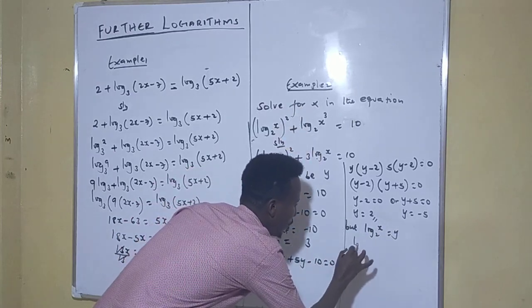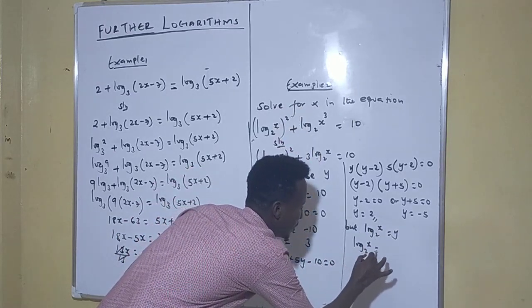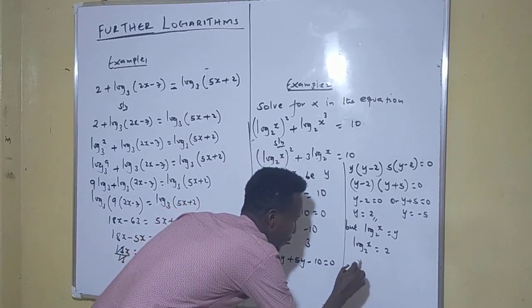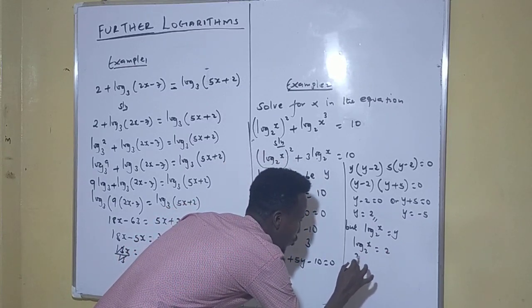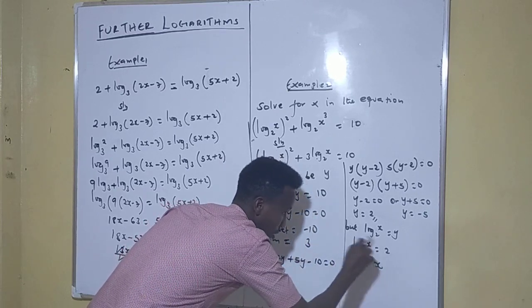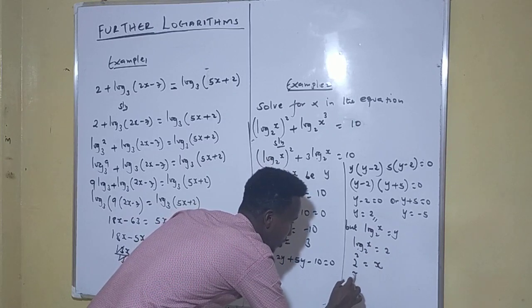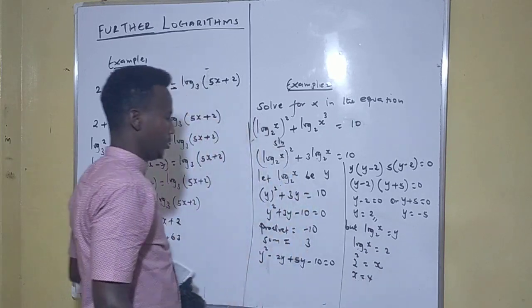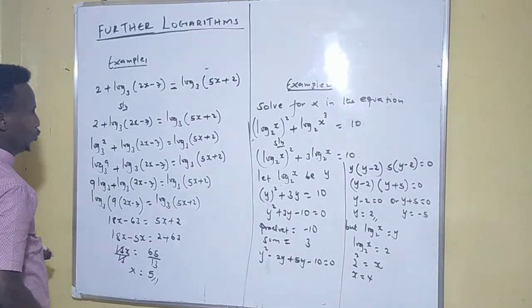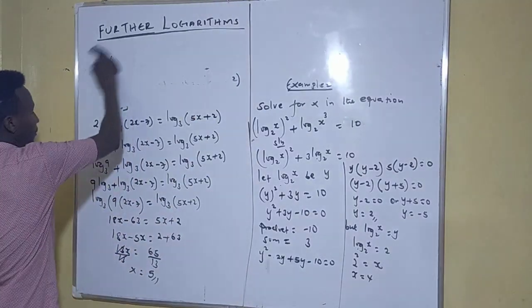So I'll say log base 2 of x is equal to 2. What are we going to do then? It will be 2 power 2 is equal to x, then interchange these two for the position. So x will be 4 when the value of y is 2.